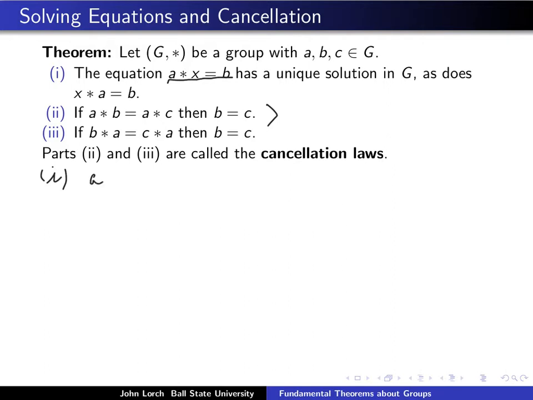So if we start with our equation A times X equals B, we know because G is a group that A has an inverse. So we get A inverse times A times X equals A inverse times B.